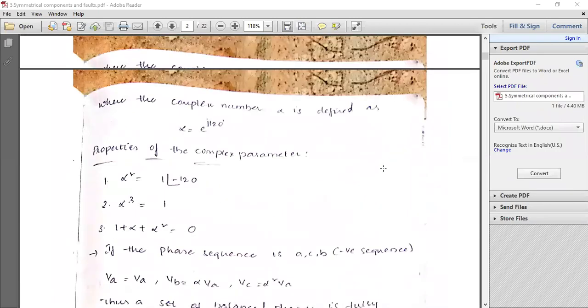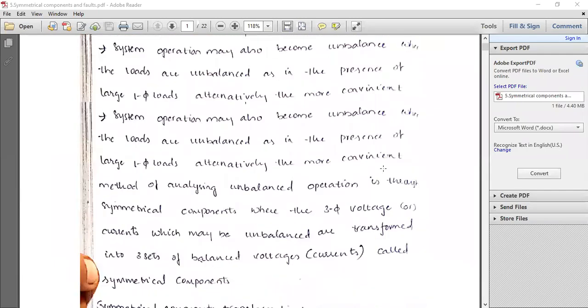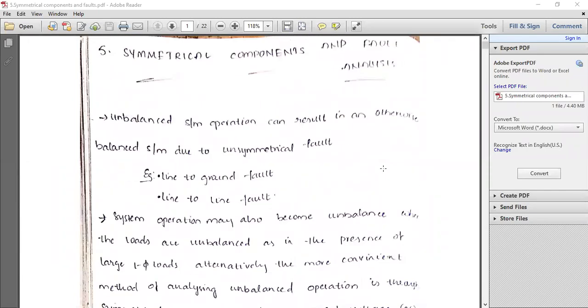As we have already discussed, in the case of symmetrical components and fault analysis, we are doing the fault analysis for unsymmetrical faults. When unsymmetrical faults exist in your power system, how do we analyze them and determine the magnitude of current as well as the voltages?